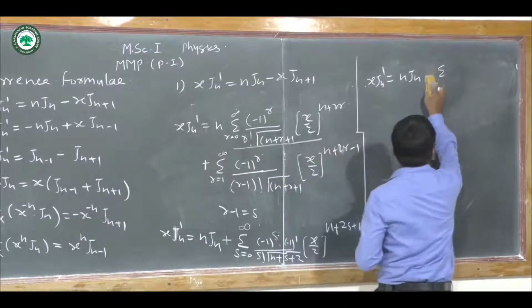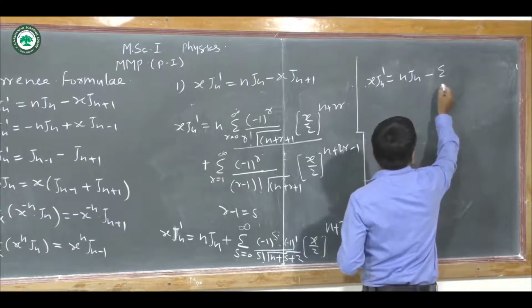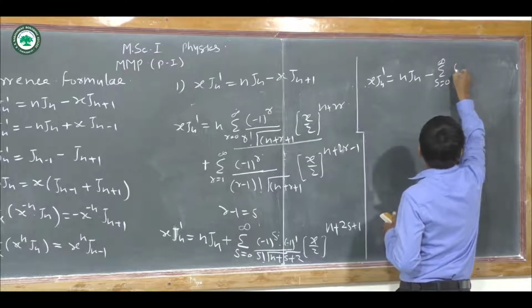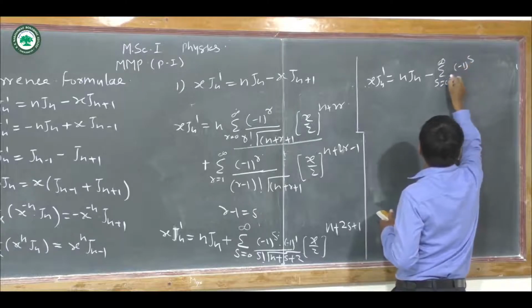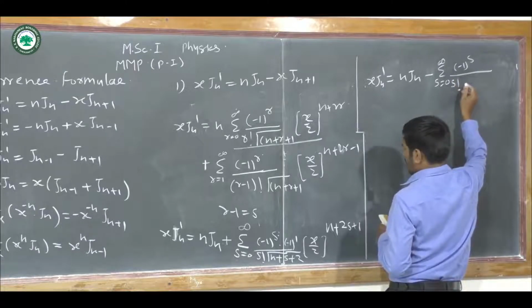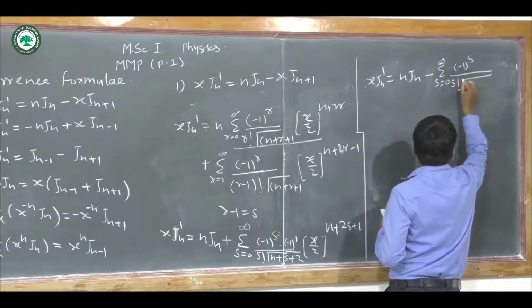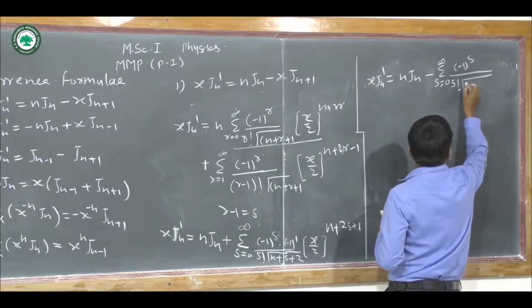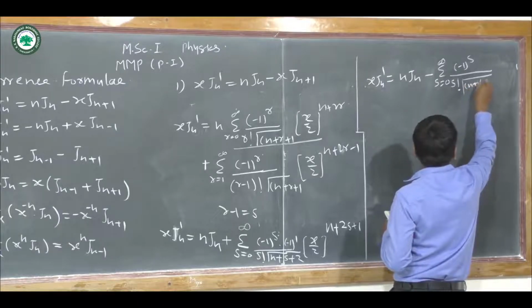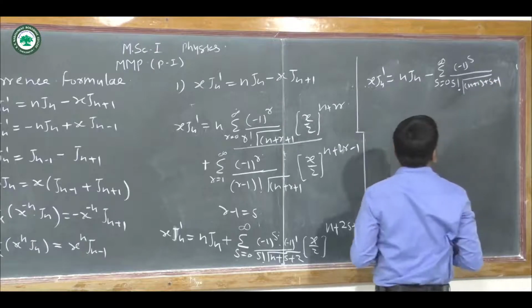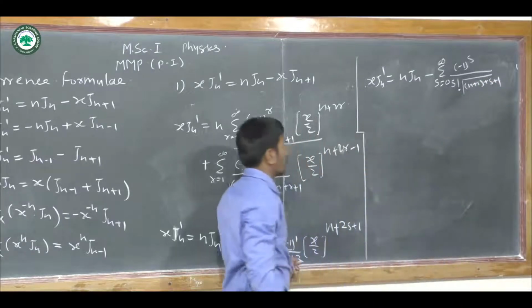So I am writing here the minus, s equal to 0 to infinity, minus 1 power s divided by s factorial gamma n plus 1 plus s plus 1. We can write it like this, just split this into 1 plus 1.